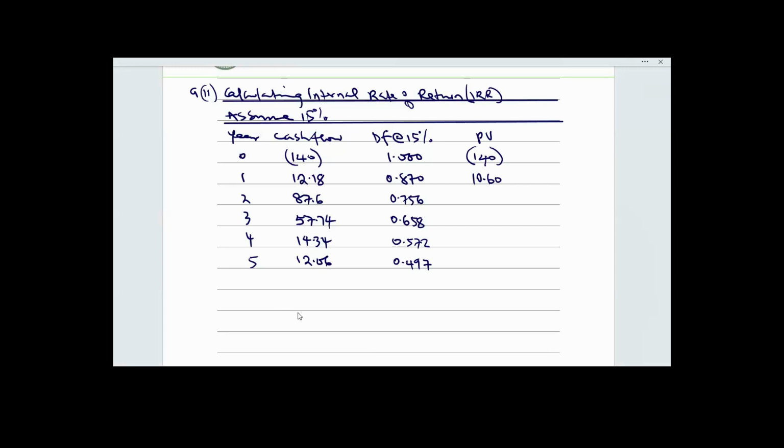Year 2, 87.6 multiplied by 0.756. That's 66.23. Year 3, 57.74 multiplied by 0.658 equal 37.99.